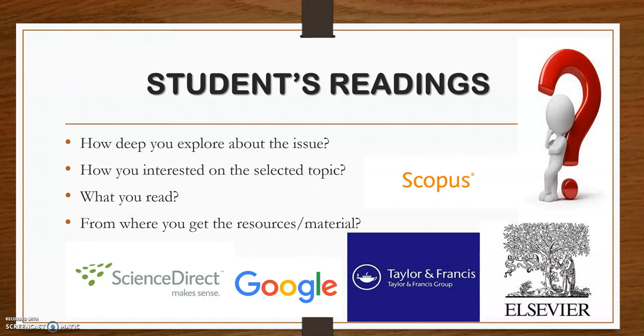So my suggestion here, please do not only depend on Google, but try to find articles also from Scopus, Elsevier, Taylor and Francis, ScienceDirect, JSTOR, EBSCOhost, ProQuest, and other sources that might be relevant for your reading. Yeah, these sources have quality. The way the authors write the articles is also very good.